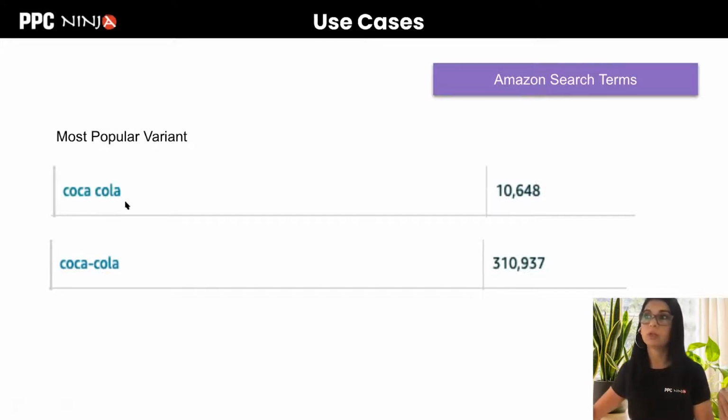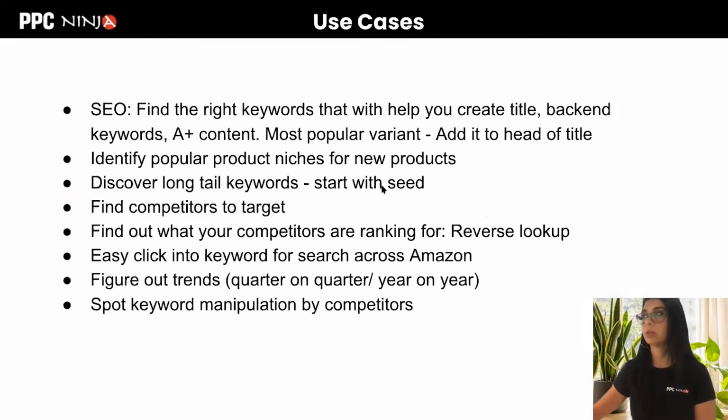Now you do want to include both of these somewhere, but you want to prioritize the important keywords for the head of your title. So let's say absolute head of the title, or at least within the first 2 or 3 bullet points. So that's kind of the way you would pick your variants, by researching within brand analytics.